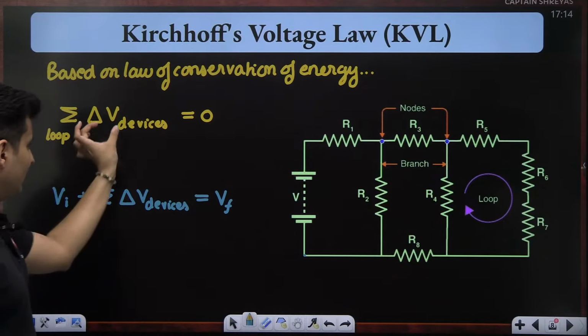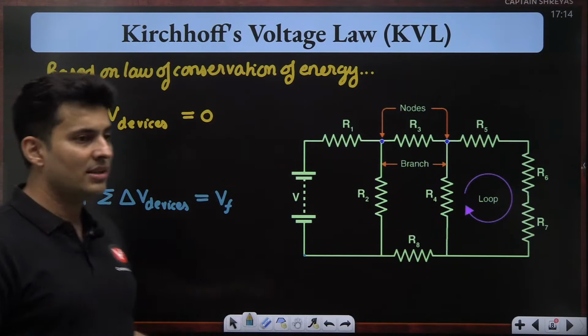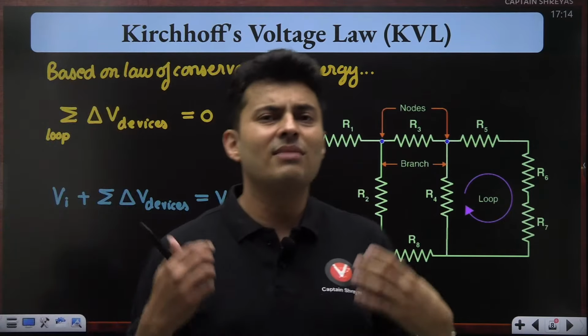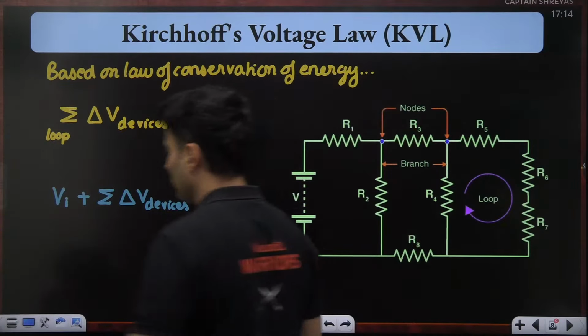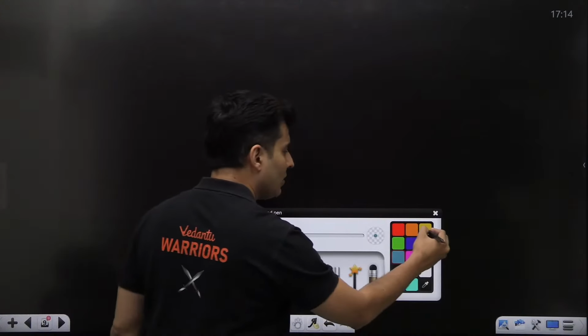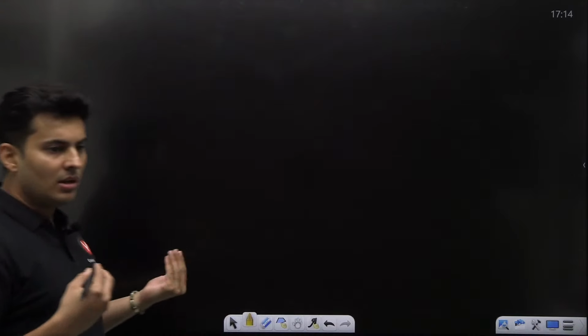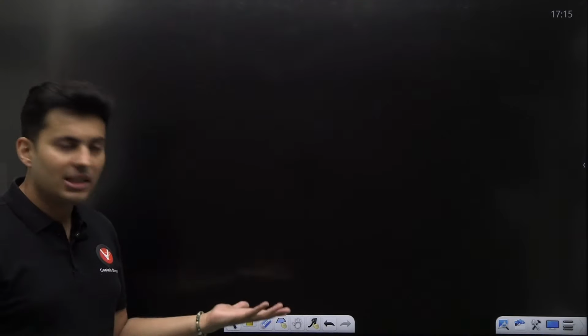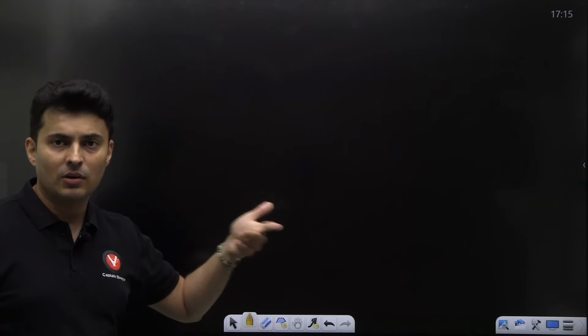Now the main problem is this voltage difference. What is the sign for it and what's the value for it? It's very straightforward. Whenever you encounter any device, in our JEE syllabus it could be a capacitor, resistor or a battery.